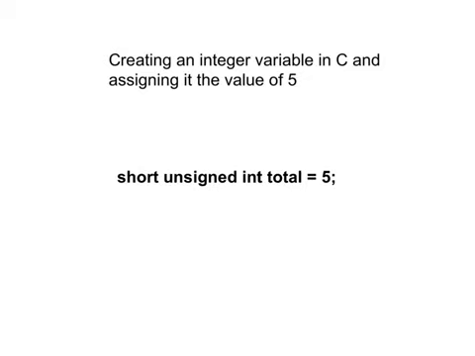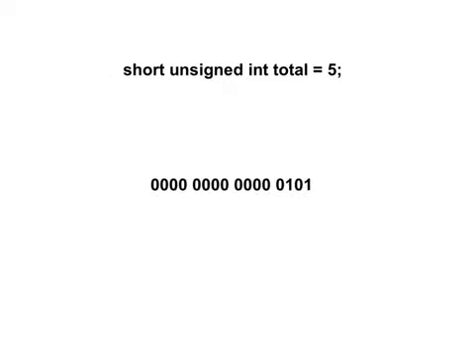If you have been following all of the lessons up until now well enough, you should be able to understand how this variable actually looks in binary stored in memory. We know that it is 2 bytes long, that is 16 bits. We know that the binary for the number 5 is 0101.